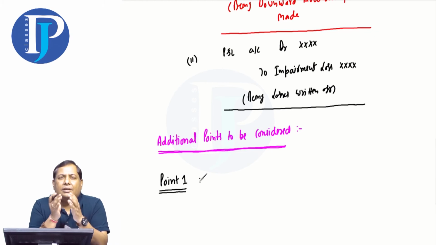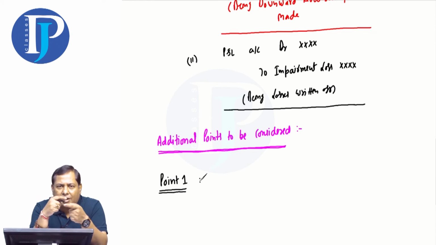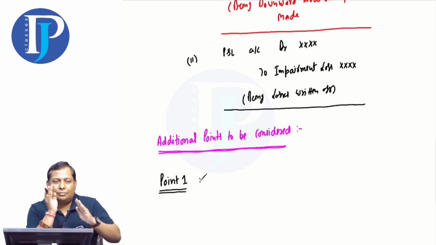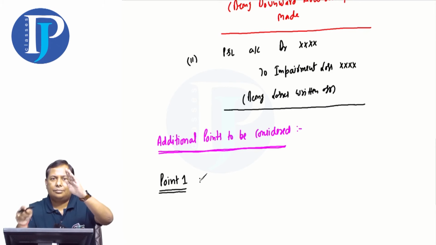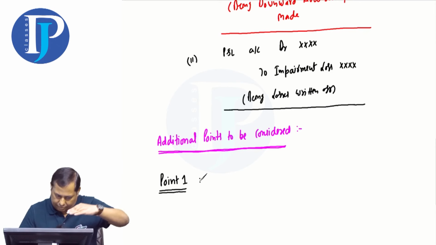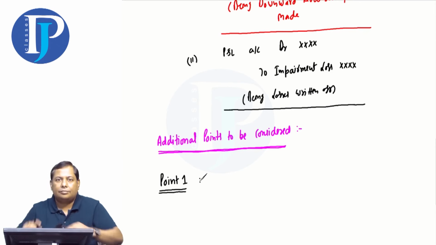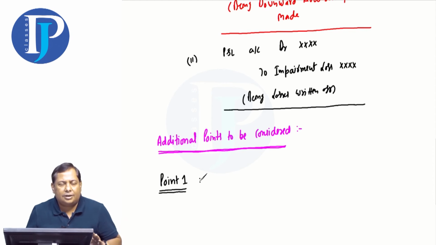The point to be written down here is that you are not allowed an upward revaluation. You cannot apply the revaluation model. Only the cost model is allowed. You can go downward but not upward.